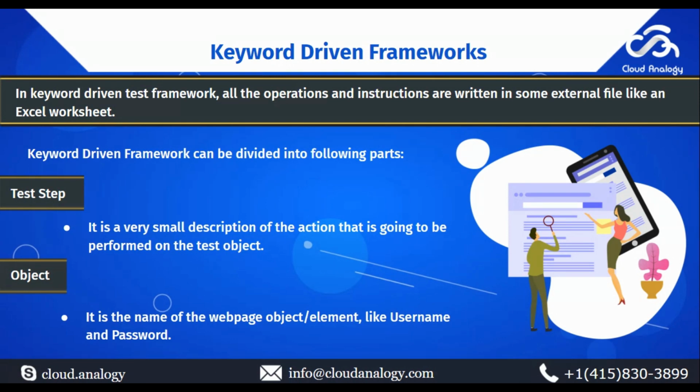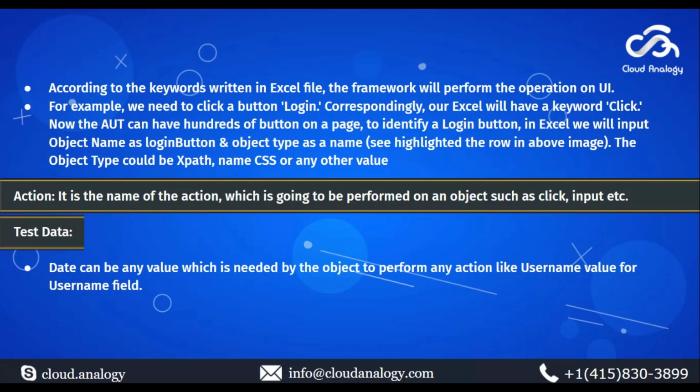Object is the name of the web page, object or element like username, password, etc. Action is the name of the action which is going to be performed on the particular object or element, the web element. The actions that can be performed are like clicking on a button or inputting text in a text box.